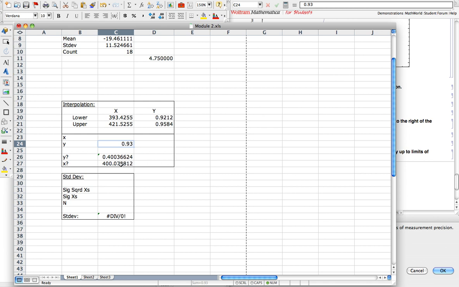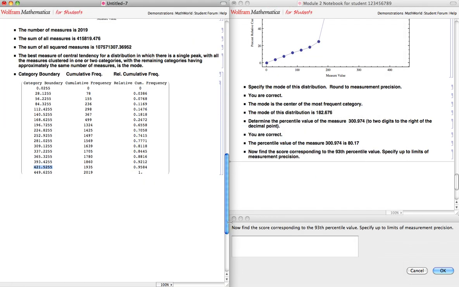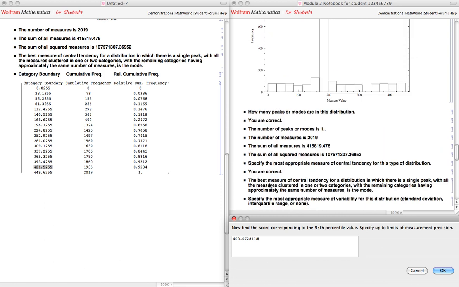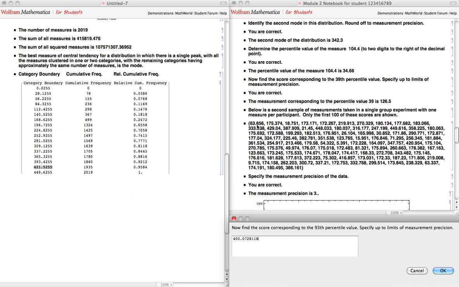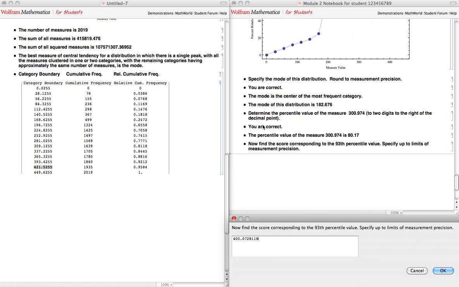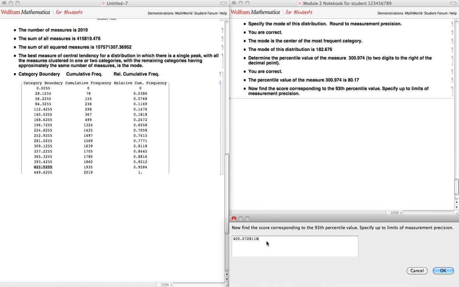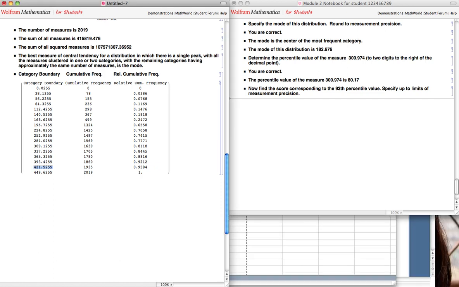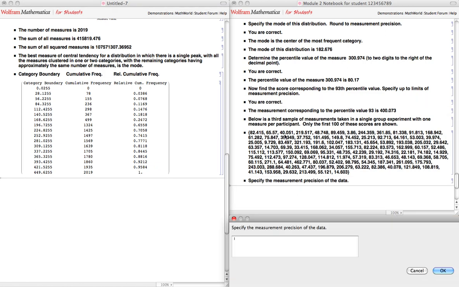So here I'm looking for an x value. It's 400.0728 and so on. So I'm just going to paste that here, but I have to round up to 3 decimal places because that's the format of the data. That was the measurement precision. So I'm going to round up the last 8, and this should be the correct answer. Excellent.